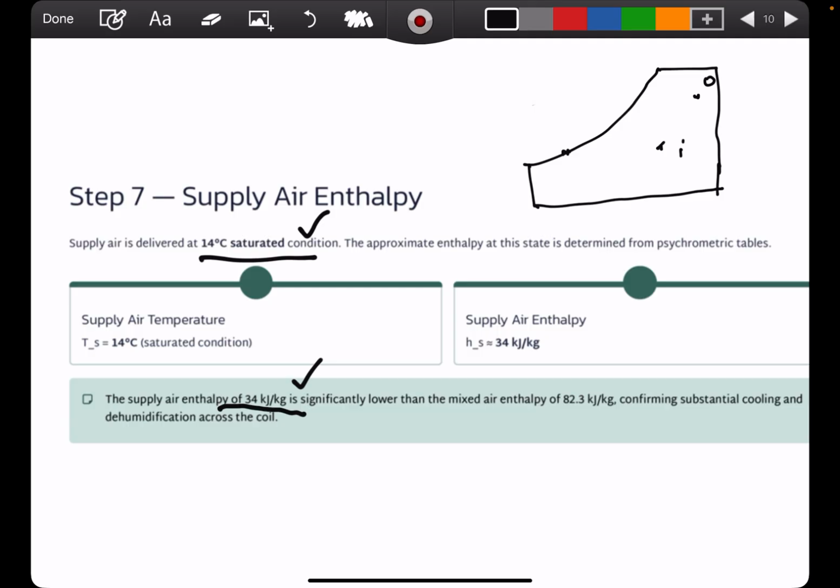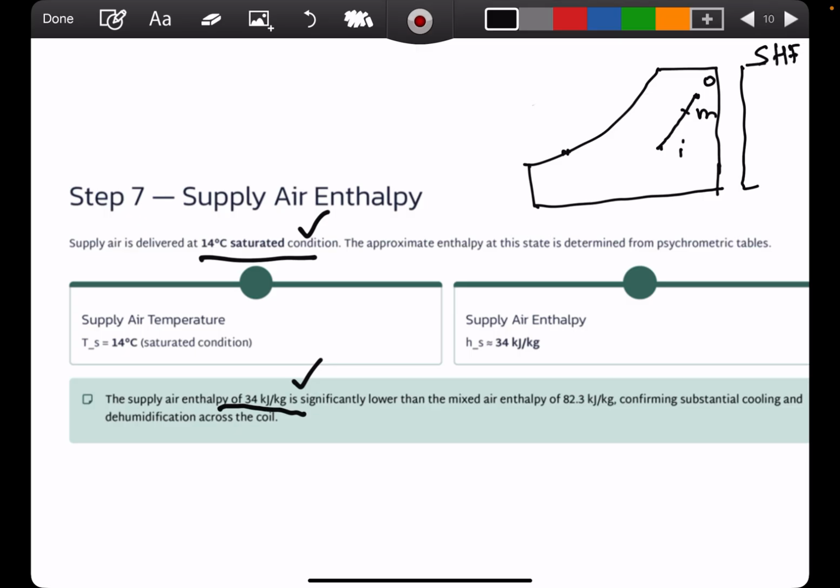Actually, you have already calculated the sensible heat factor.